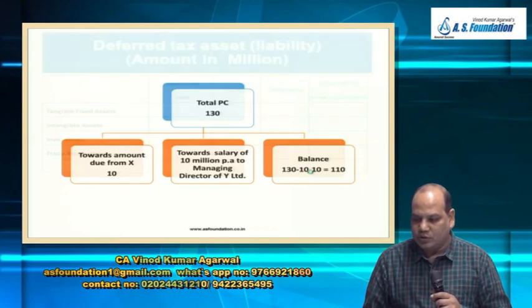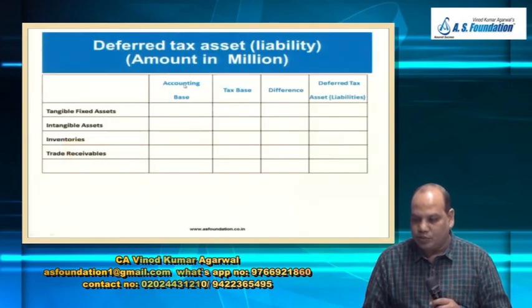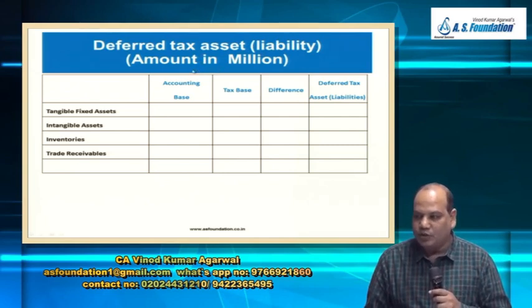110 is purchase consideration. Now in this question, because tax rate is also given and they have specifically asked you to calculate DTA or DTL, I'll prepare one more working note. Step 2, write down DTA or DTL.